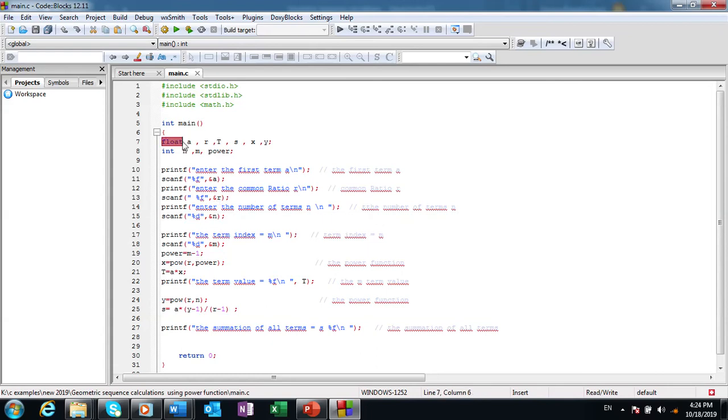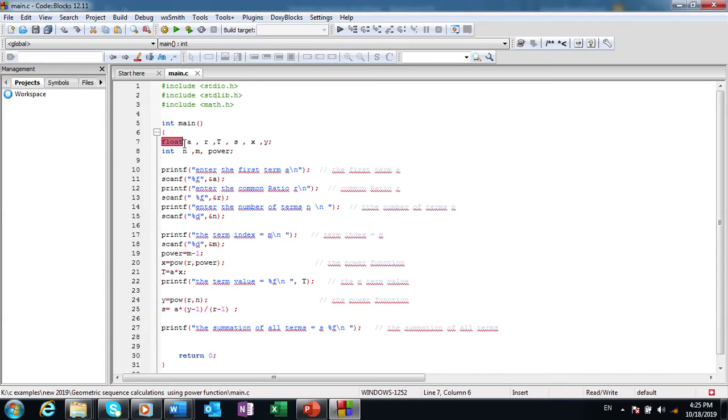This is very important to note, and to declare the needed data types for each variable. If you guess that your variable will contain a fractional or decimal point, you have to declare it as float.